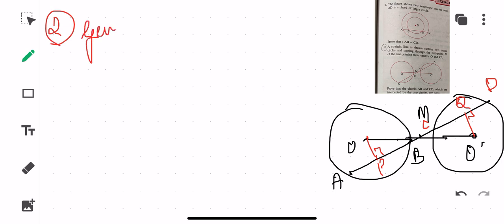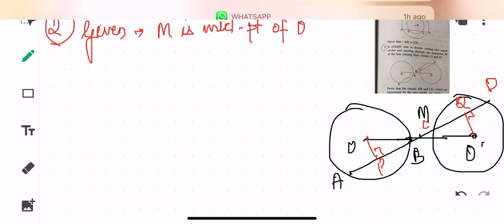Write down given: circles of equal radii and the line joining the centers O and O dash, and M is the midpoint of OO dash. Write down M is midpoint of OO dash.